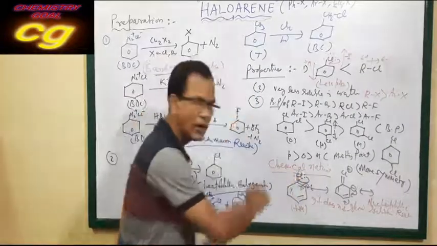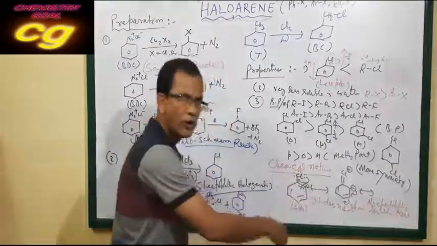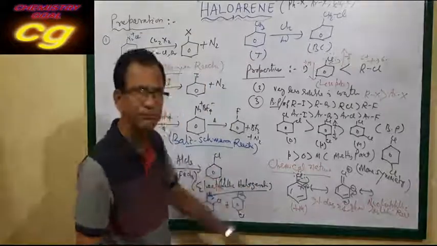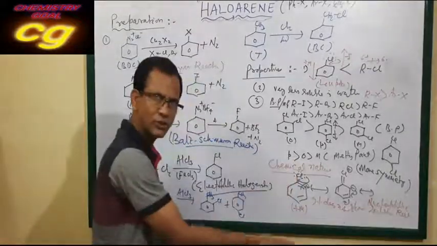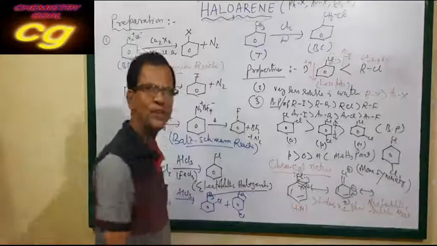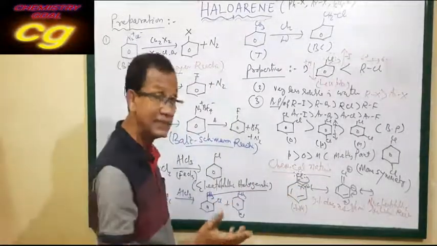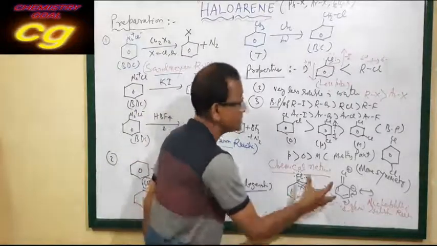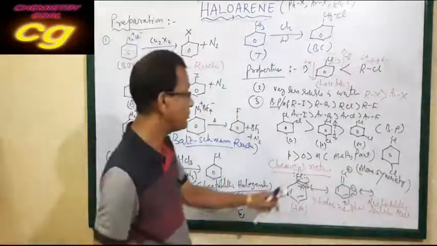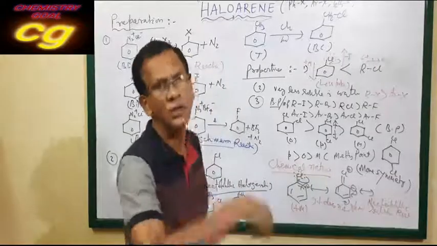But when it is attached to halogen, the halogen immediately forms resonance with the benzene ring and supplies extra electrons, the lone pair electrons, towards the benzene ring. That's why the electron density around the benzene ring increases. That's why it is more reactive towards an electrophile instead of a nucleophile.